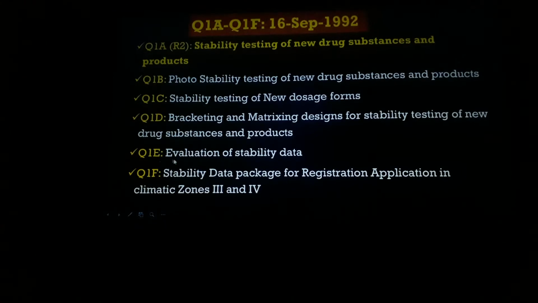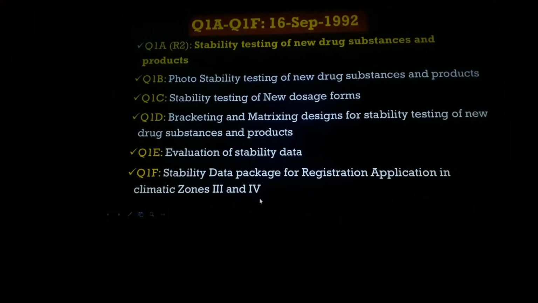Q1E is evaluation of stability data, and Q1F is stability data package for registration applications in climatic zones 3 and 4. So these are the six chapters in the stability study, given briefly.